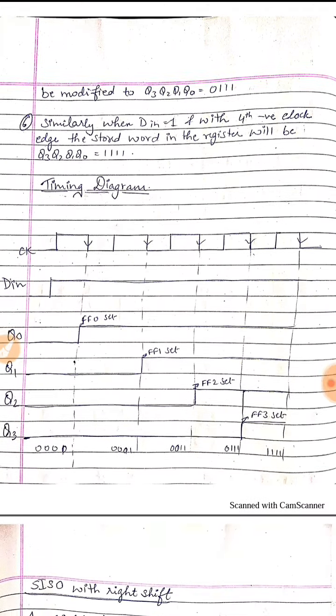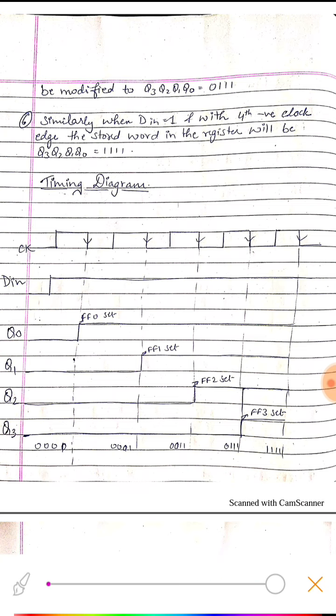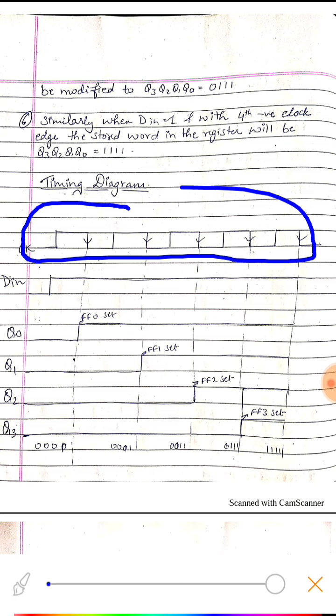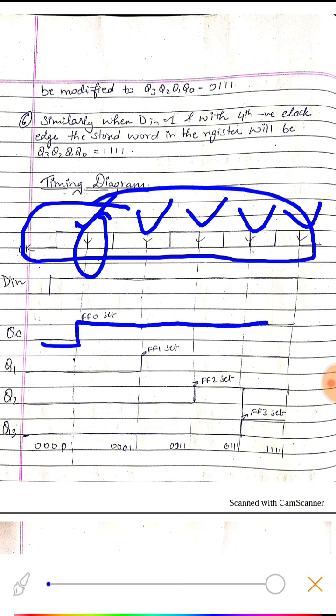This is the timing diagram, this is the clock, and data will be entered at the negative edges only. As the first negative edge comes, the data in Q0 will become high, that is 1.